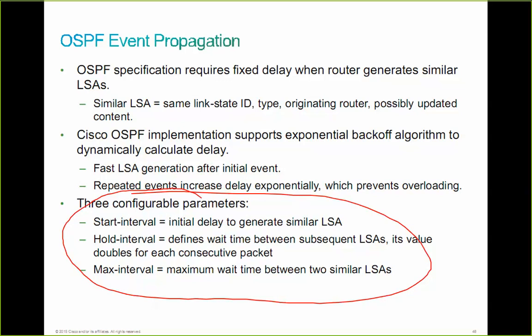Now that will adjust. Remember, we've got that backoff algorithm that will increase if we're constantly sending updates based on similar LSAs being sent multiple times. Okay? But I think you guys understand the concept of the start interval. It's just that time that's established for sending out that initial LSA.